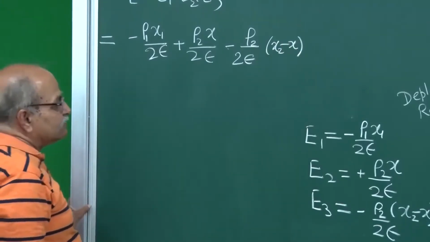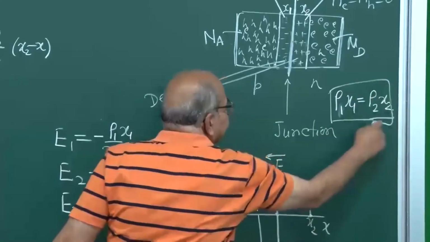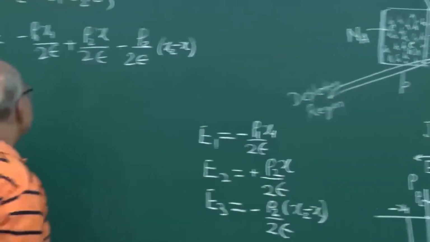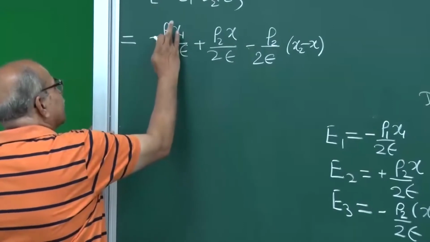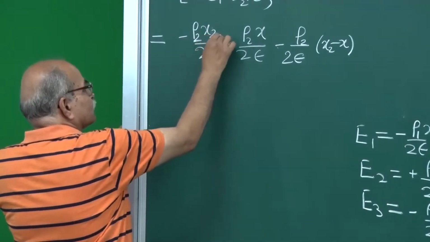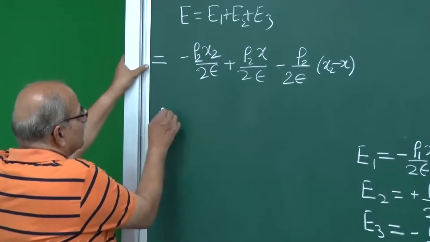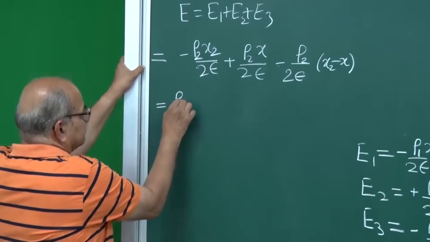And this rho 1 x1 I can write as rho 2 x2 from here. So this is rho 2 x2, and I can just replace it here itself. This is rho 2 and this is x2. So you see rho 2 over 2 epsilon is common. I can take it out.